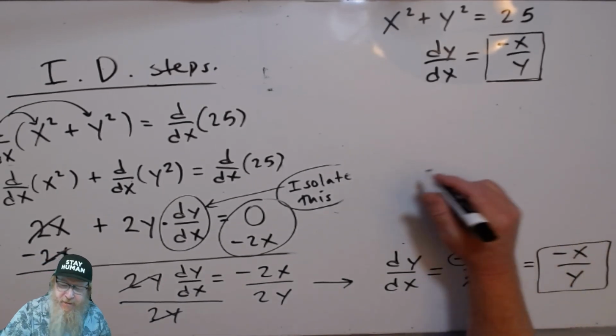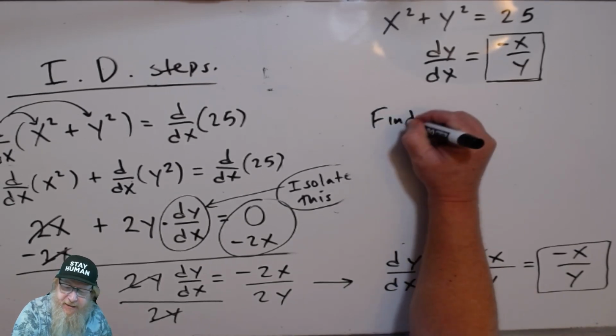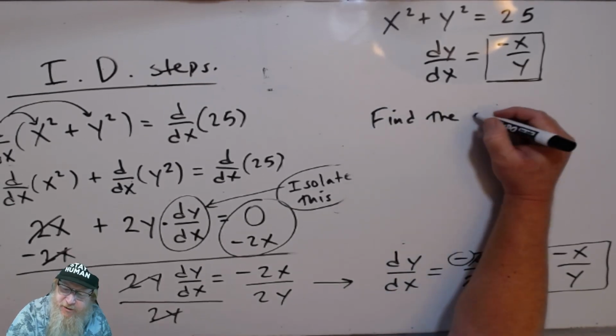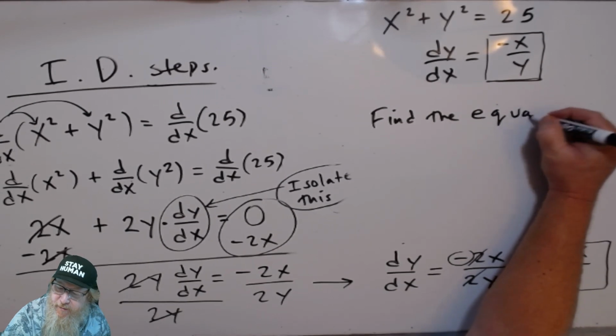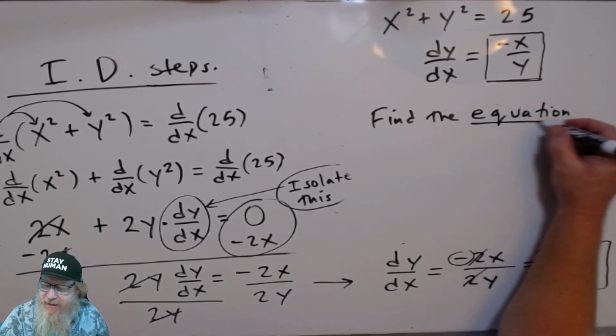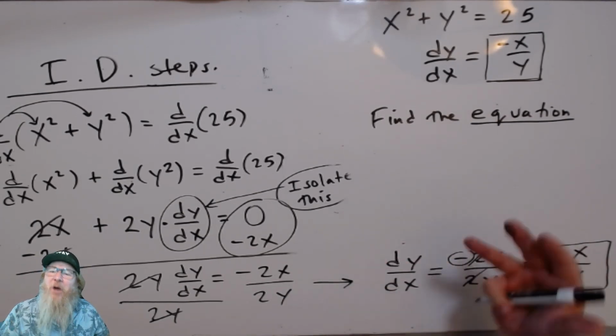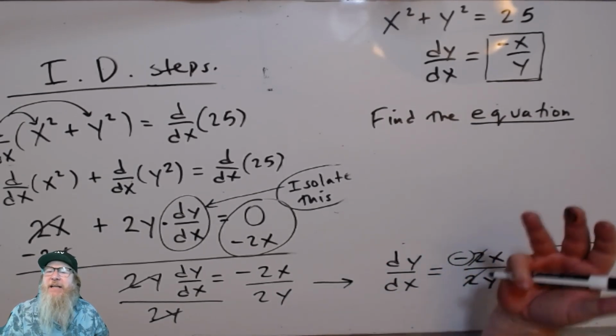All right. And now, suppose we want to find the tangent line. Remember, we don't always do it, but it is the underlying purpose of differentiation, of taking a derivative.